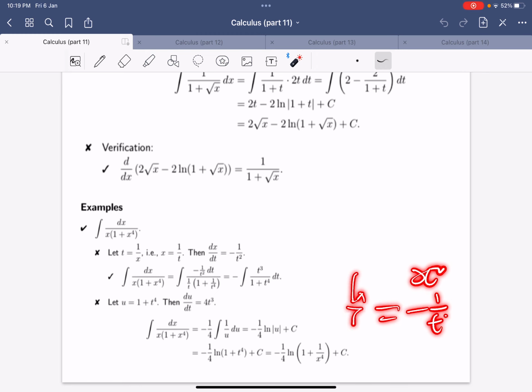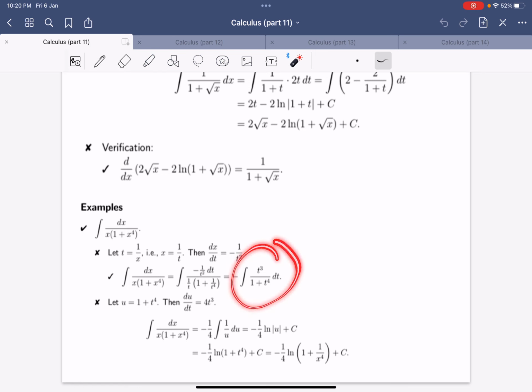So dx dt will then equal minus 1 over t squared. And then when you sub everything in, you replace this 1 over x here with t. Then this part you replace with 1 plus 1 over t to the power 4. You see that it reduces to this form.